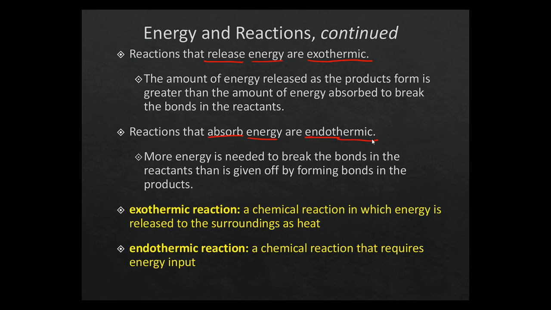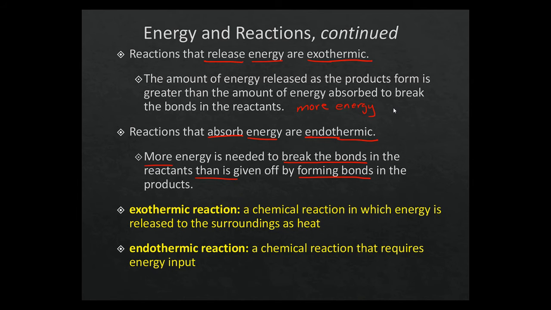Endothermic reactions end up having more energy necessary to break the bonds than forming the bonds, okay? So it's more to break than it is to form. And so that's endothermic. Exothermic is going to end up being exactly the opposite, okay? They're going to have more energy in the releasing, okay, there's going to be a lot of energy released as they form the bonds compared to when they're breaking bonds.